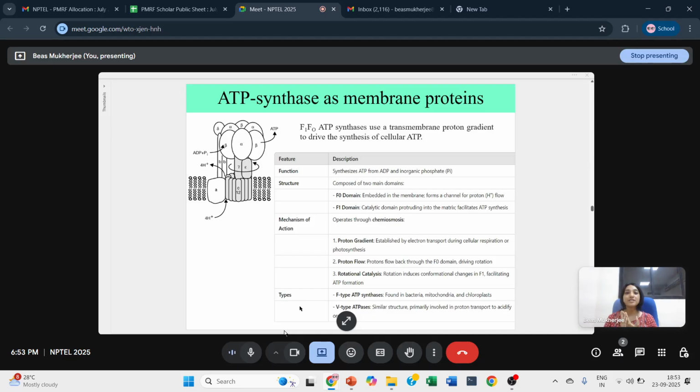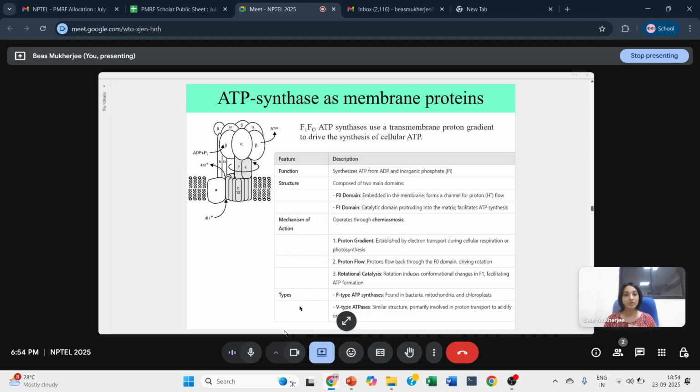So ATP synthase, how does it work? F0, F1 ATP synthase uses a transmembrane proton gradient to drive the synthesis of cellular ATP. See how it is working. The mechanism of action operates through chemiosmosis. The proton gradient is established by electron transport during cellular respiration and photosynthesis.